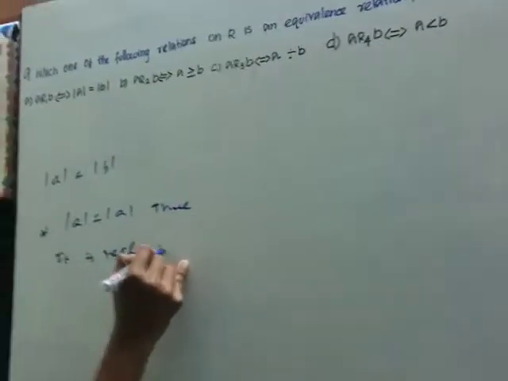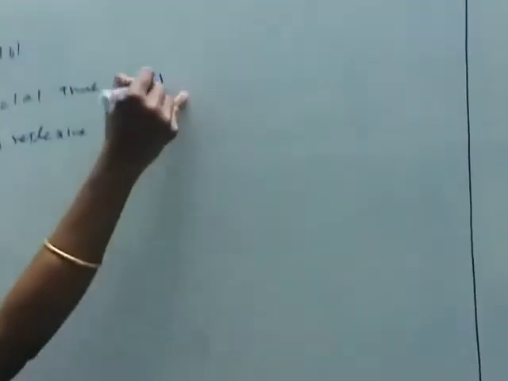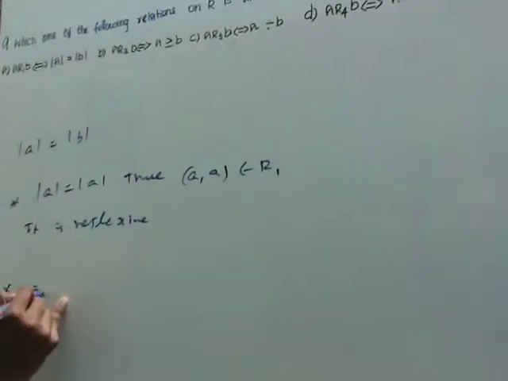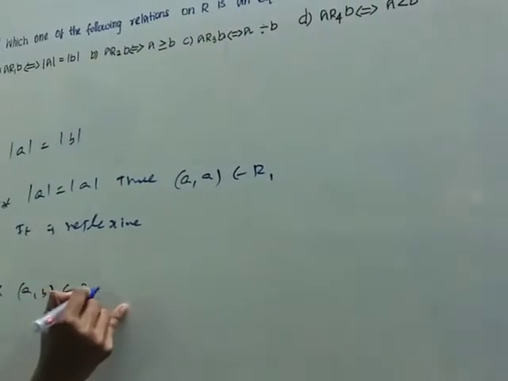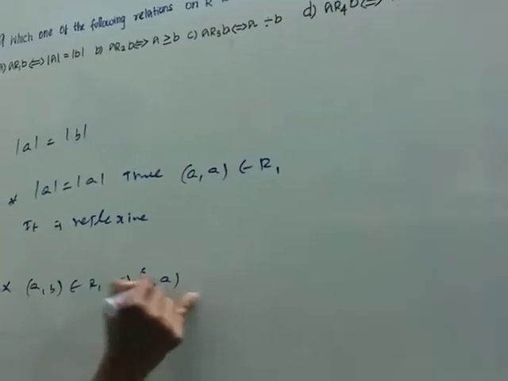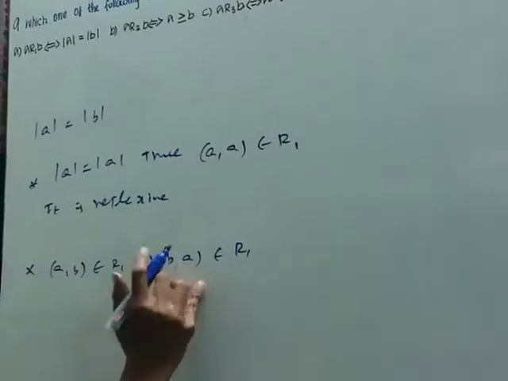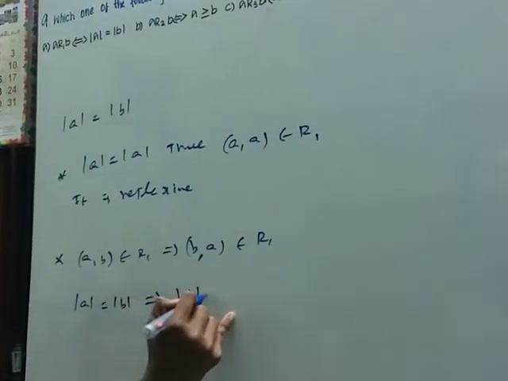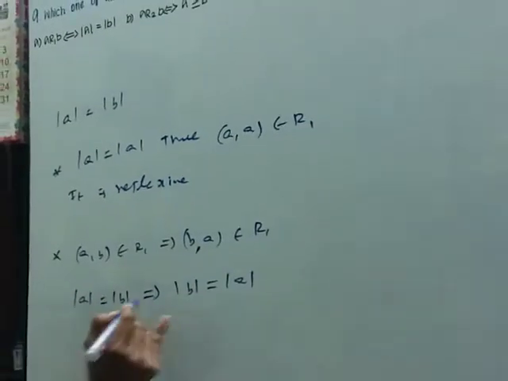A comma A belongs to that relation R1. Okay. Next is A comma B belongs to R1 implies B comma A belongs to R1, because modulus of A equal to modulus of B implies modulus of B equal to modulus of A. Okay ma?